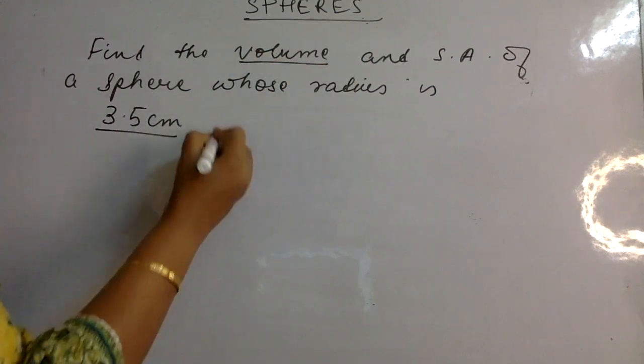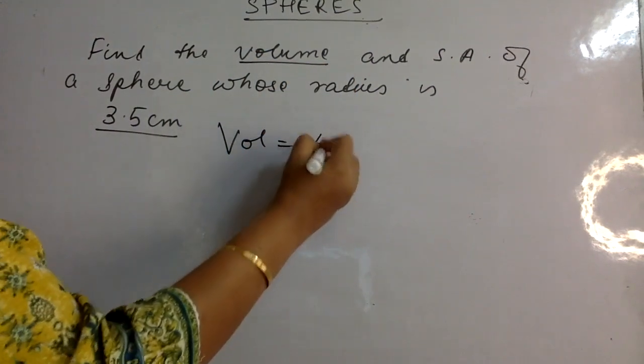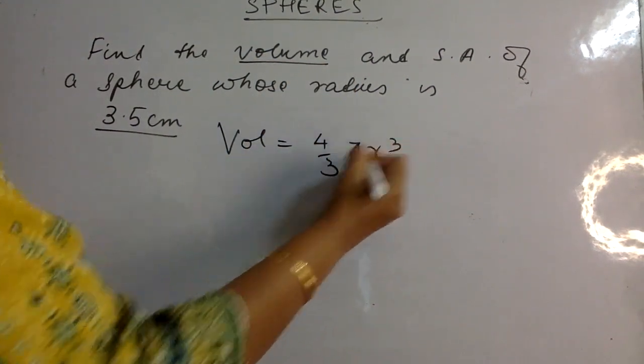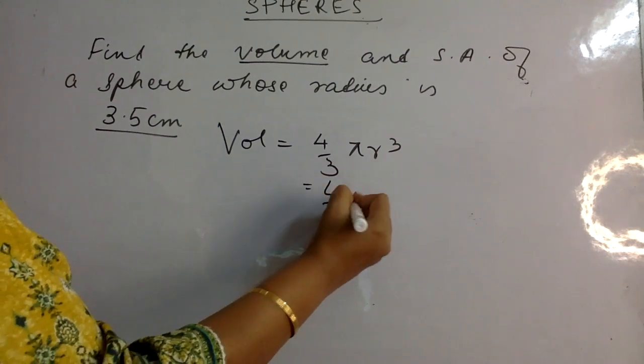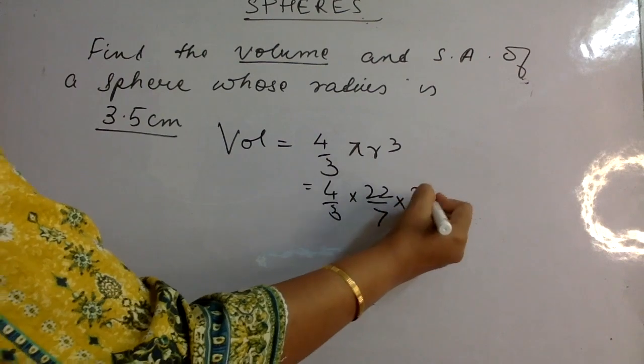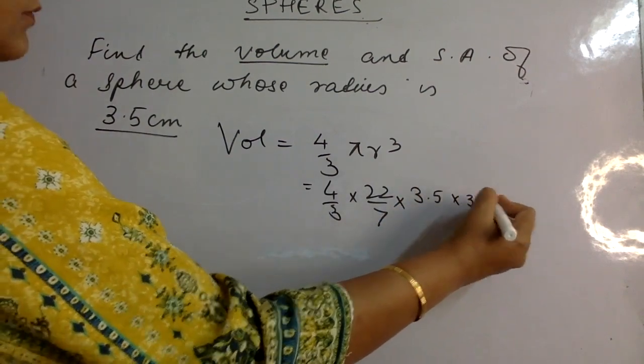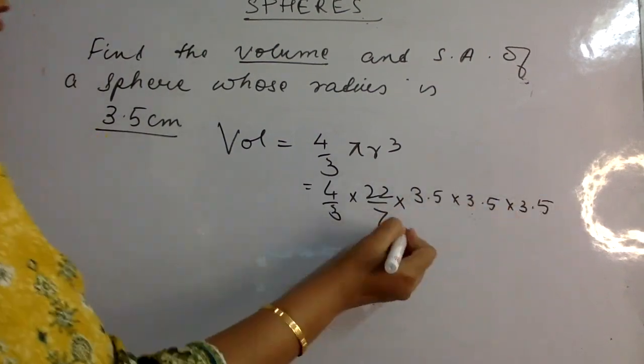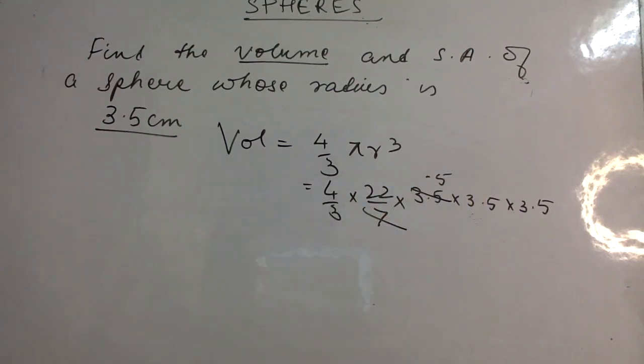First, the volume formula we know. Volume is equal to 4 by 3 pi r cube, which is 4 by 3 into 22 by 7 into r cube, 3.5 into 3.5 into 3.5. This is how you should write it, 0.5.